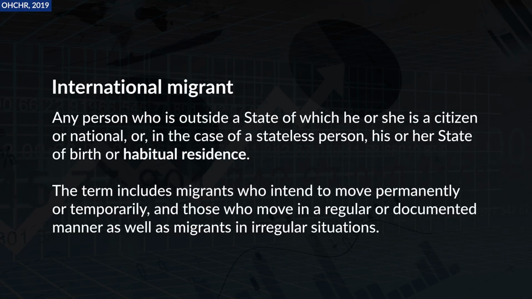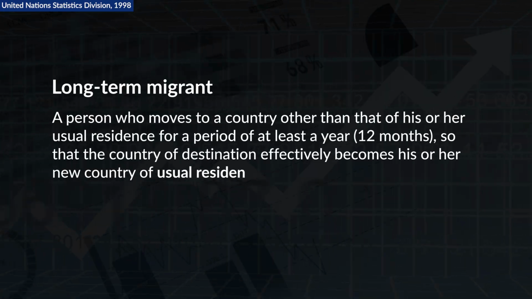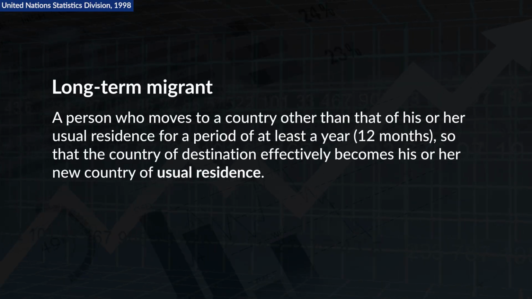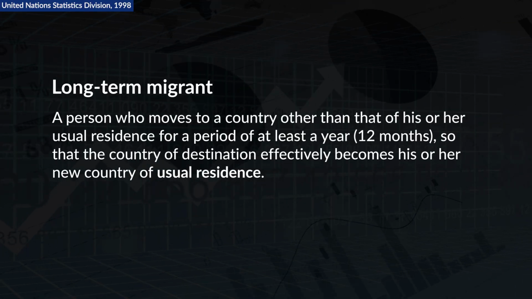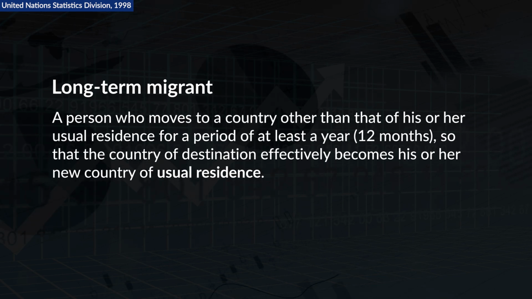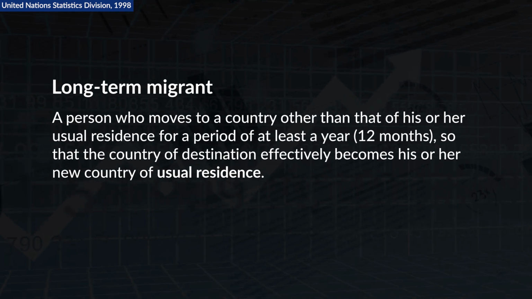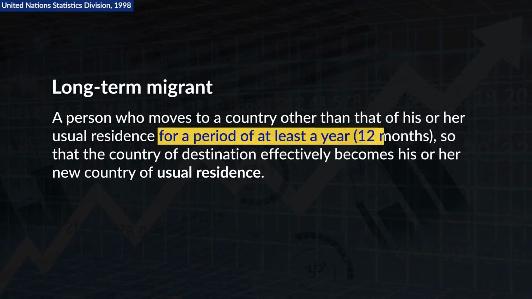Now, specifically, a long-term migrant is a person who moves to a country other than that of his or her usual residence for a period of at least a year or 12 months, so that the country of destination effectively becomes his or her new country of residence. So here we already see clear parameters being put into place. In this case, specifically a movement of 12 months or more.